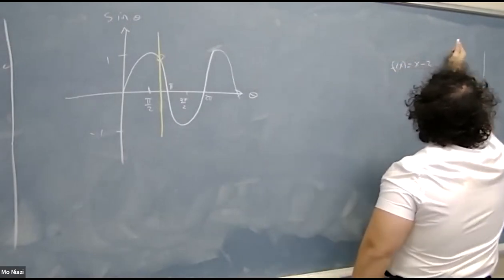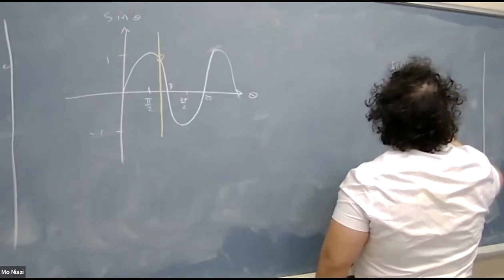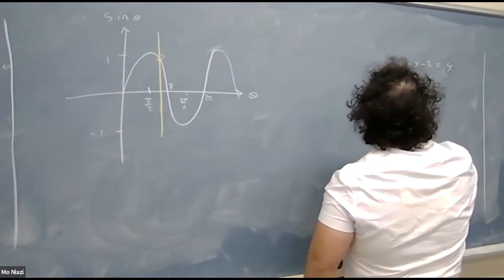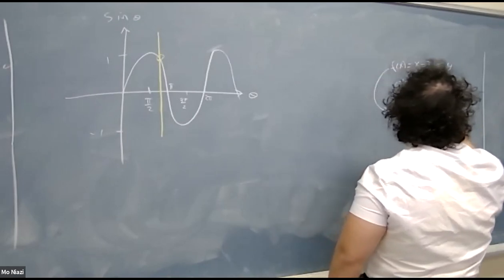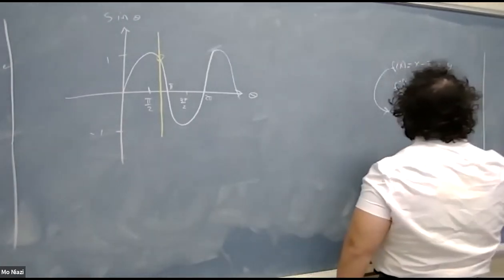When we wanted to find the inverse function to this, we first said, okay, let's set this equal to a y, and then flip: for every x, put a y, and for every y, put an x. Resolve for y, and you got your inverse function.